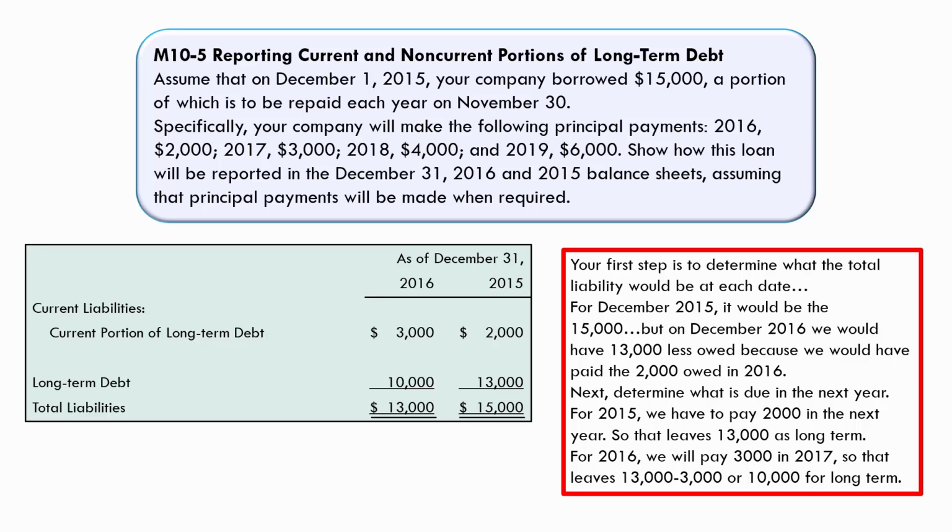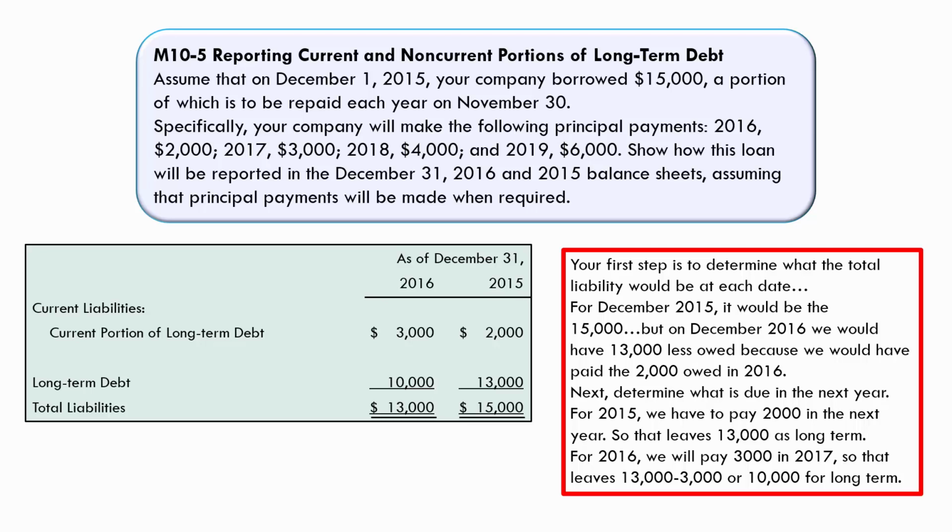And if $13,000 is the total debt as of December 31st of 2016, then we can come down to the $10,000. Now you could also go back and say that in 2016, the long-term debt would be that which is going to be paid in 2018 on November 30th and November 30th of 2019. That would be $4,000 plus $6,000, and you would still come back to the $10,000.